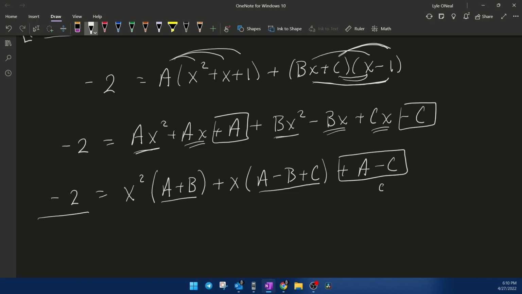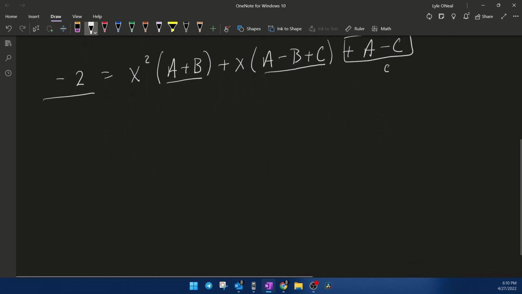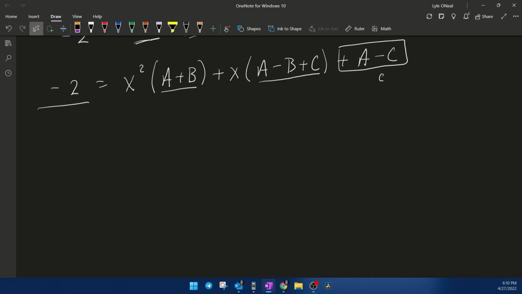Now looking at the other side of the equation, we have no x squared, and we also have no x. So in order for the left-hand side to equal the right-hand side, the coefficient of x squared on the right would have to equal the coefficient of x squared on the left. Well, there is none, so the coefficient must be 0.